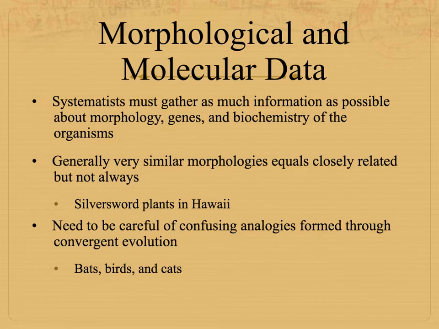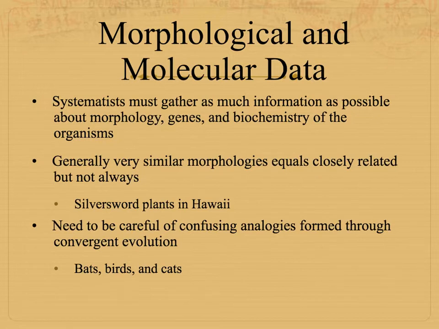We also need to be careful of confusing analogies, and not English analogies, analogous characteristics. We talked about those in the first set of notes; they can be formed through convergent evolution.